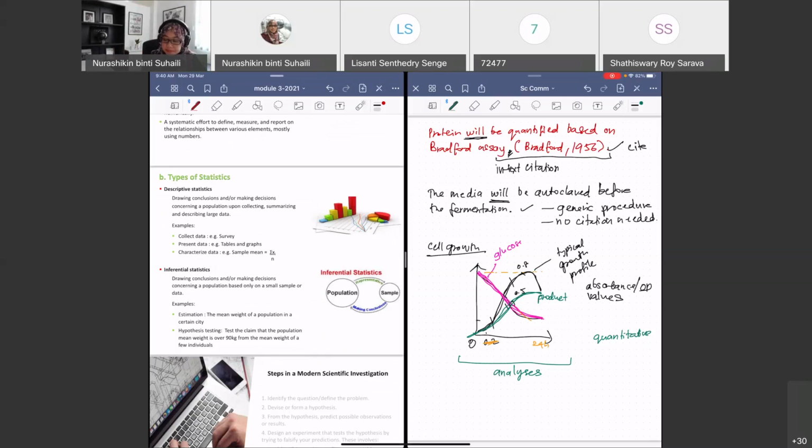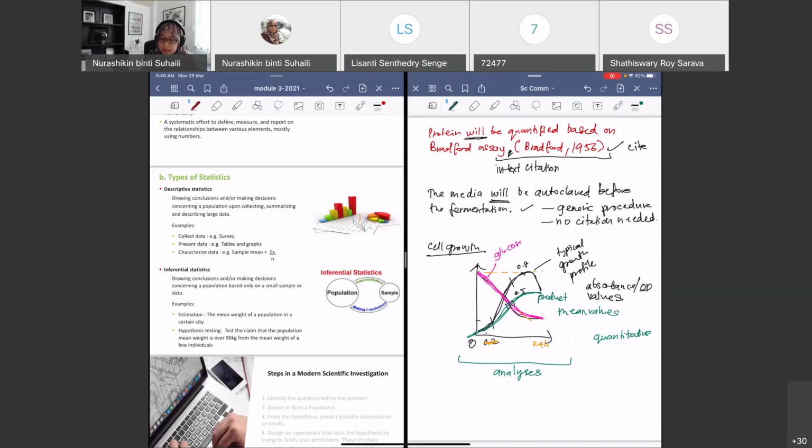Like here, when I describe the growth profile, the substrate consumption, and the product formation, of course all the values here are actually mean values. So I do some statistical analysis. When you find the mean value and standard deviation, that is part of statistics, a very simple statistics.